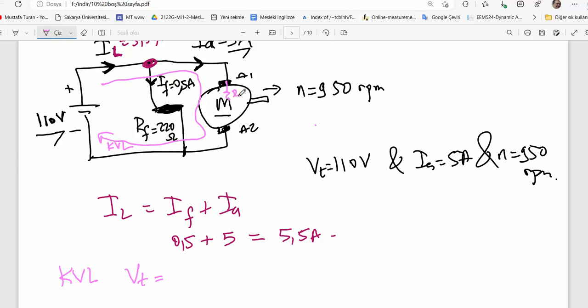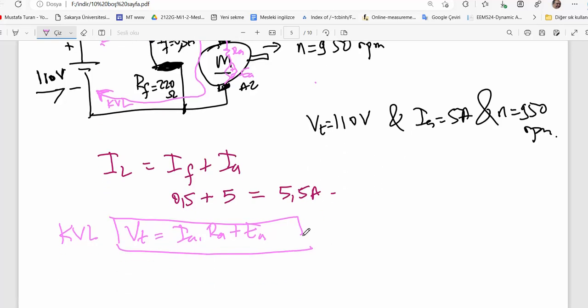Here is the armature resistance inside the armature. Here's the EMF inside the armature. So armature current times RA plus armature EMF is Kirchhoff's voltage law around the purple loop. That is the voltages summed across the circuit.